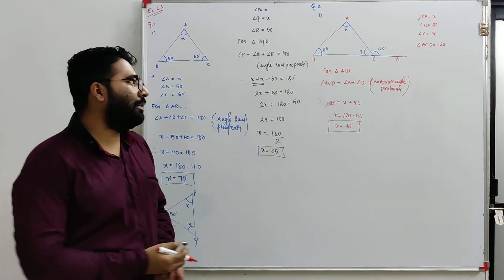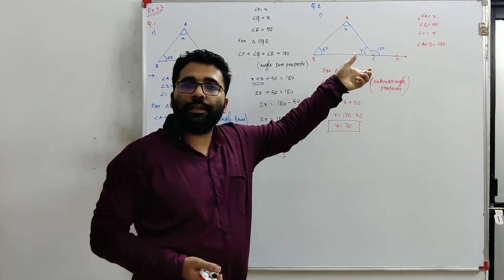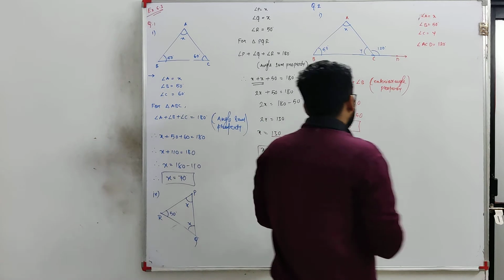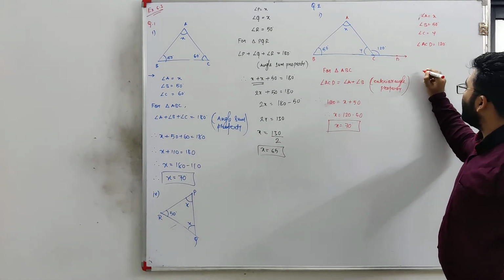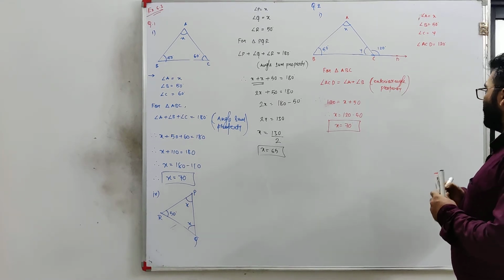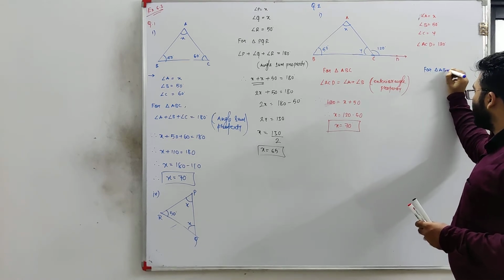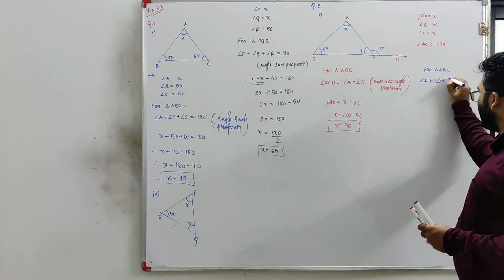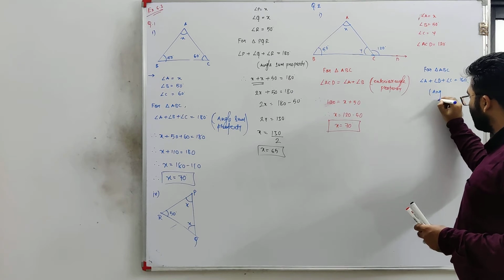Now, to find the y, I can use both concepts. I can apply the linear pair, or the other one, the angle sum property. Let me see what y is. We are using the angle sum property. For the same triangle ABC, angle A plus angle B plus angle C is equal to 180 degrees. Why?